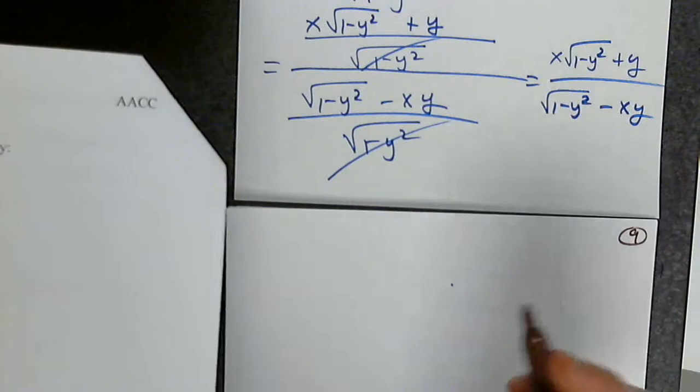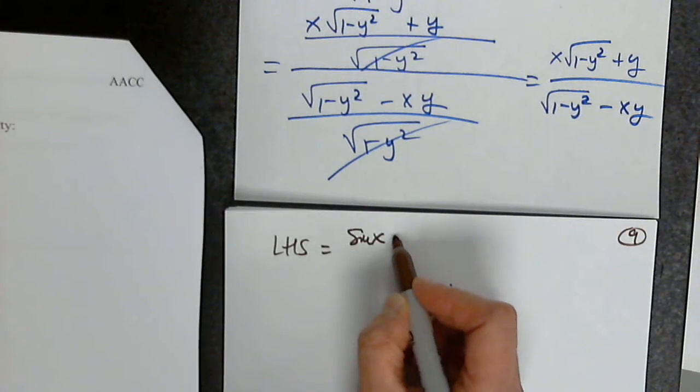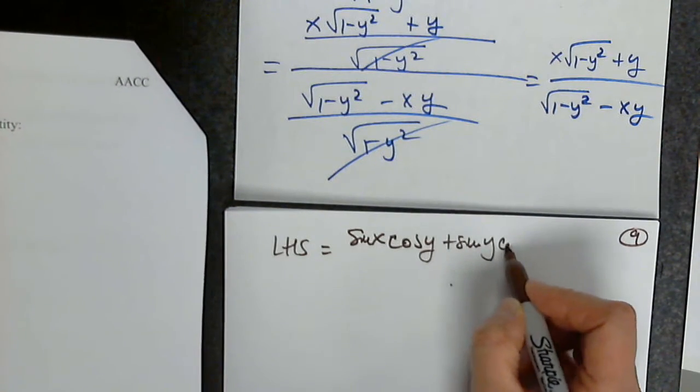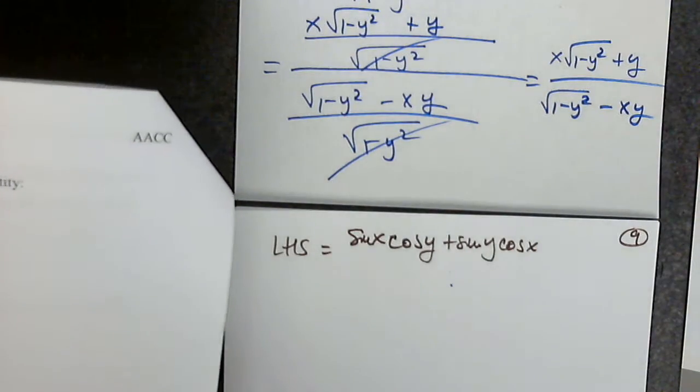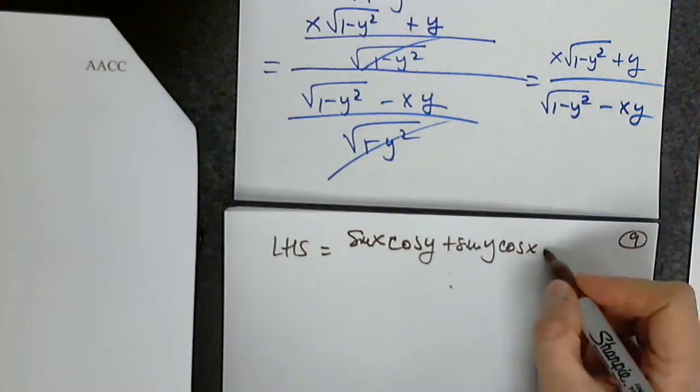Okay. So we have the left-hand side equals sine x cosine y plus sine y cosine x. Somebody reversed the signs, reversed everything, so be careful.